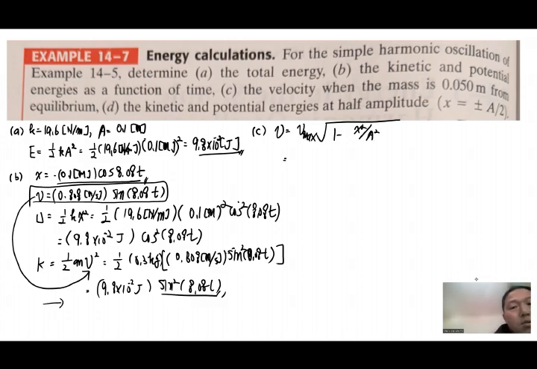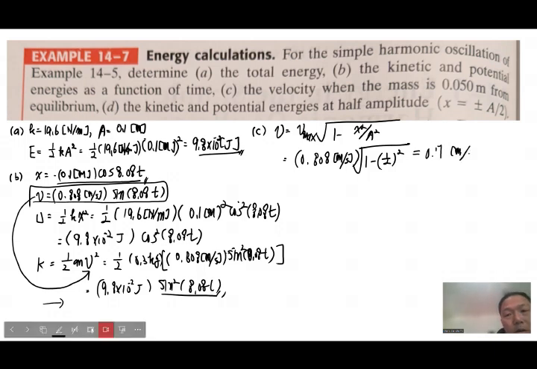If you plug the numbers into this formula, that gives 0.808 meter per second times the square root of 1 minus 1 over 2 squared. So the speed when the mass is 0.05 meter away from the equilibrium is 0.7 meter per second.